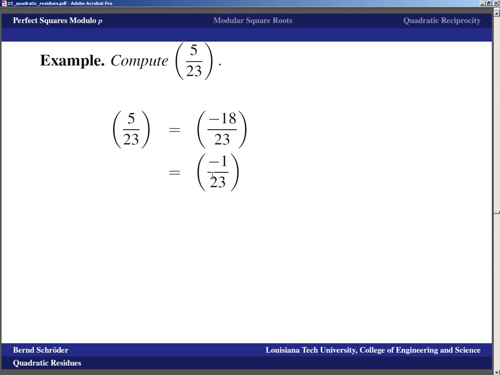So this is the Legendre symbol of negative 1 over 23 times the Legendre symbol of 2 over 23 times the Legendre symbol of 3 over 23 times the Legendre symbol of 3 over 23, because 3 times 3 is 9, times 2 is 18, times negative 1 is negative 18.